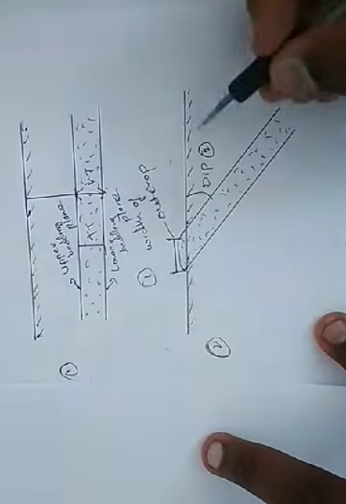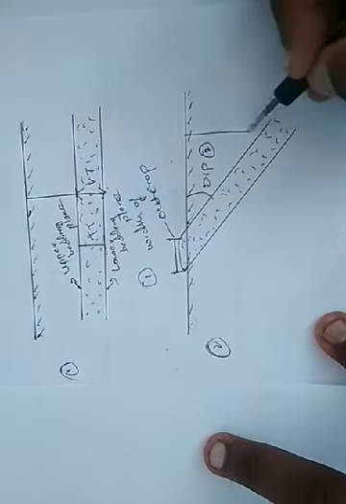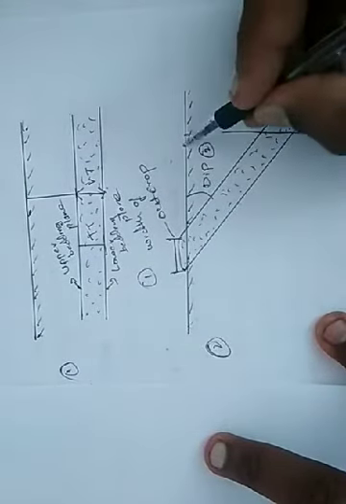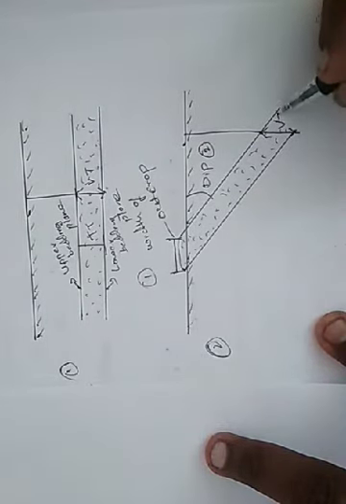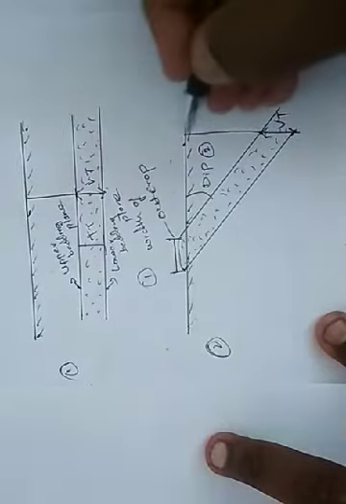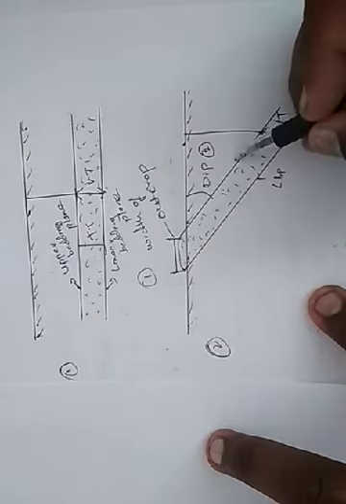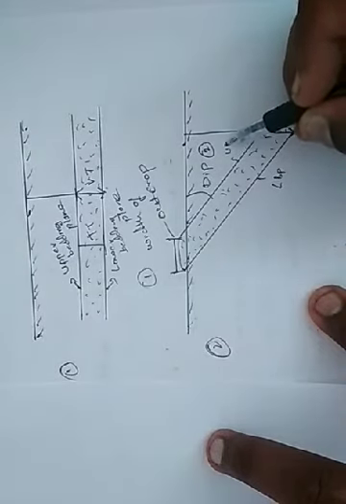How are we going to measure the vertical thickness? Vertical thickness is always measured perpendicular to the surface line. So this is our VT, the vertical thickness, which we measure vertically downwards from the surface. And how do we measure the true thickness? We measure it perpendicular to the bedding plane. This is the lower bedding plane and this is the upper bedding plane.